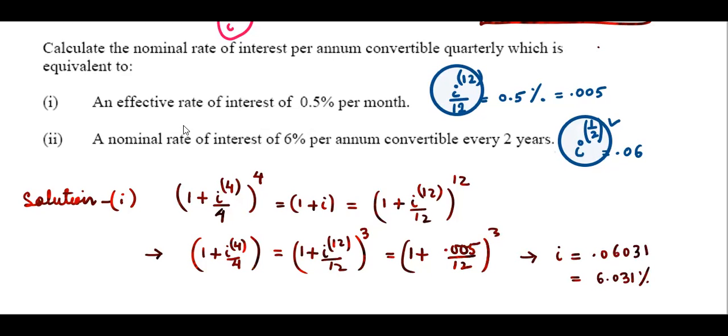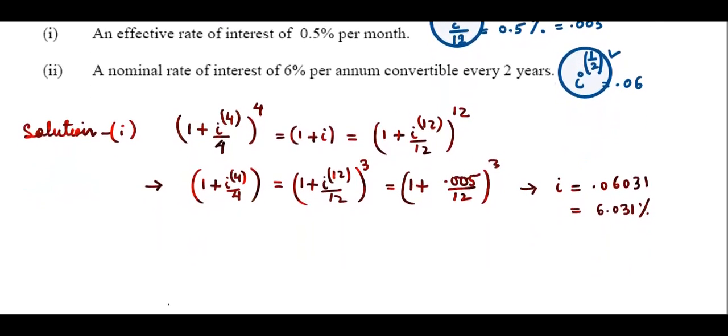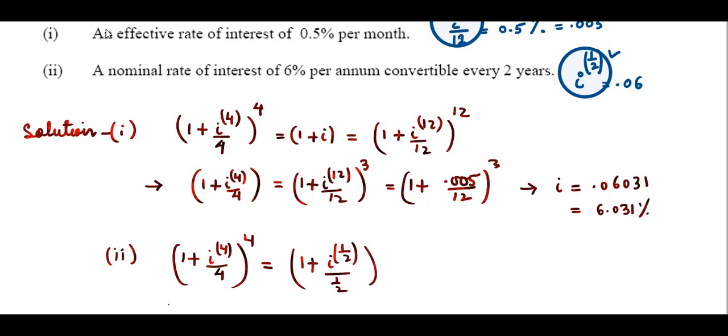Number 2, nominal rate of interest of 6% per annum convertible every 2 years. I've already written the symbol, and the left hand side will not change. Here in part 2, we'll change the right hand side. We'll write 1 plus i4 divided by 4 power 4 is equal to 1 plus i-half divided by half, power half.